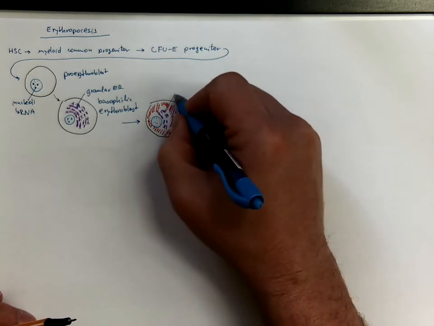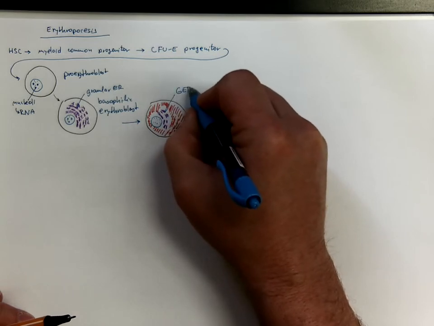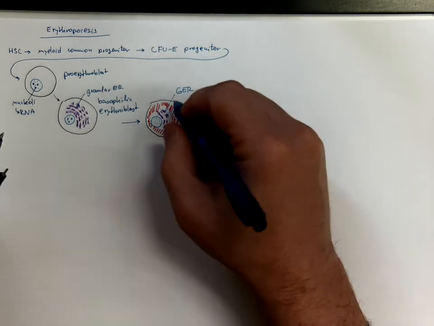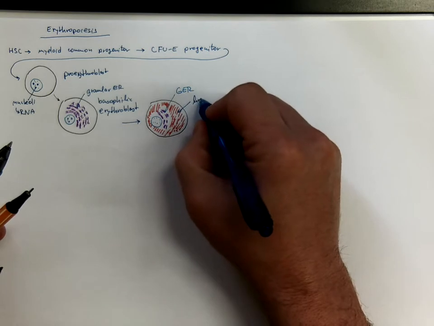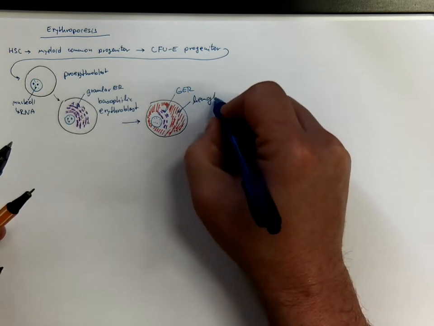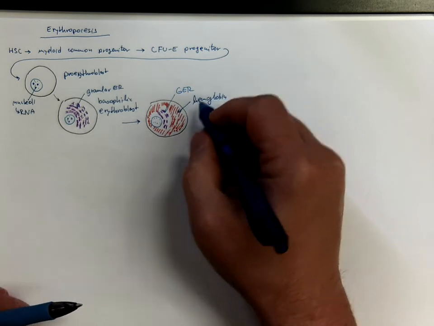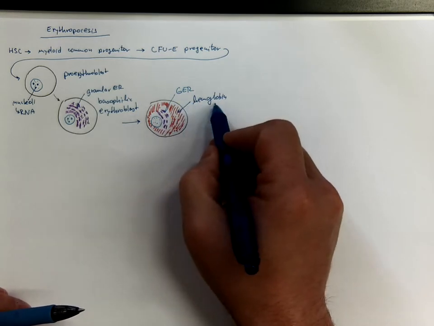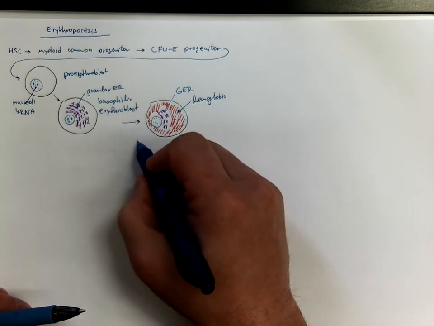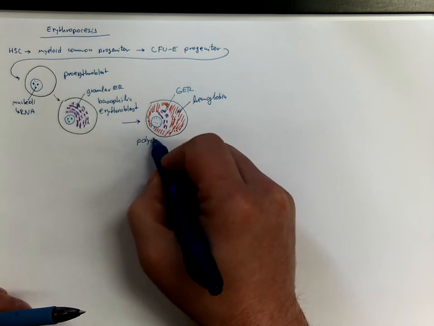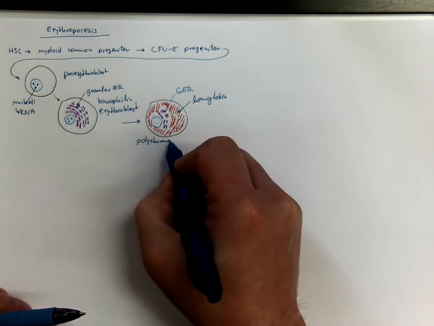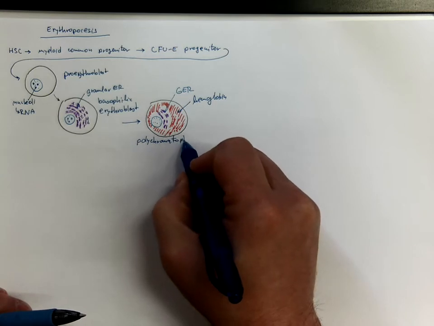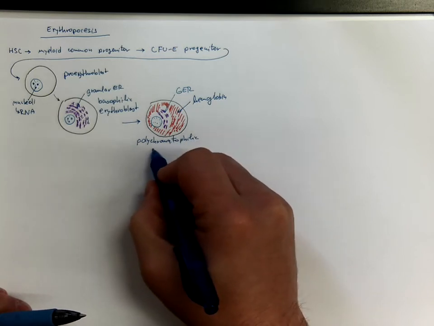So we have the granular endoplasmic reticulum and the hemoglobin, and therefore it's not only basophilic but also eosinophilic, which is summarized under the term polychromatophilic erythroblast.